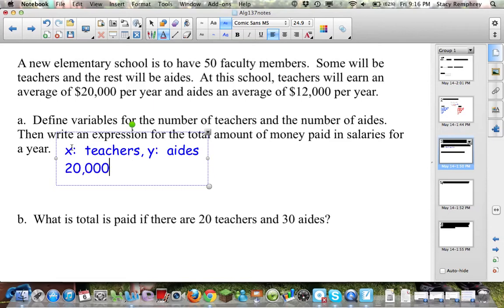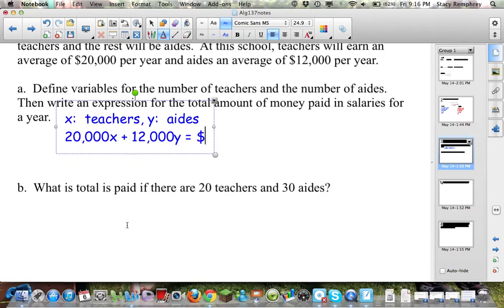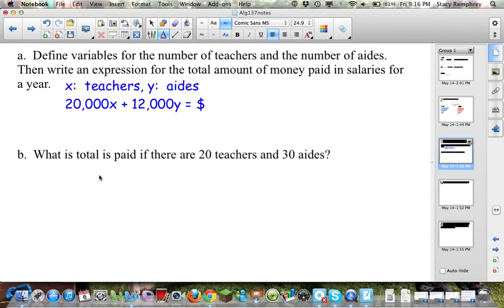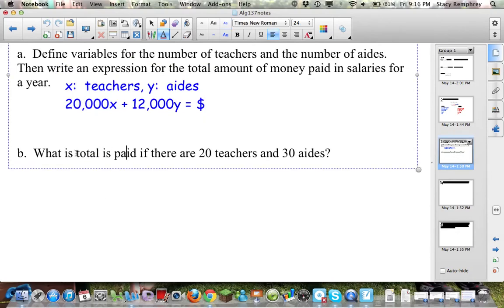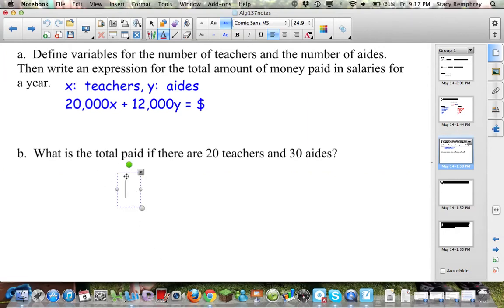Well, I'm going to take $20,000 and multiply that by the number of teachers. That will give me how much I spent on teacher salaries. Then I have to add in 12,000 times the number of aides. That gives me how much money I spent on the aides. The next question says, and again, I'm sorry, this is worded poorly, what is the total paid if there are 20 teachers and 30 aides?